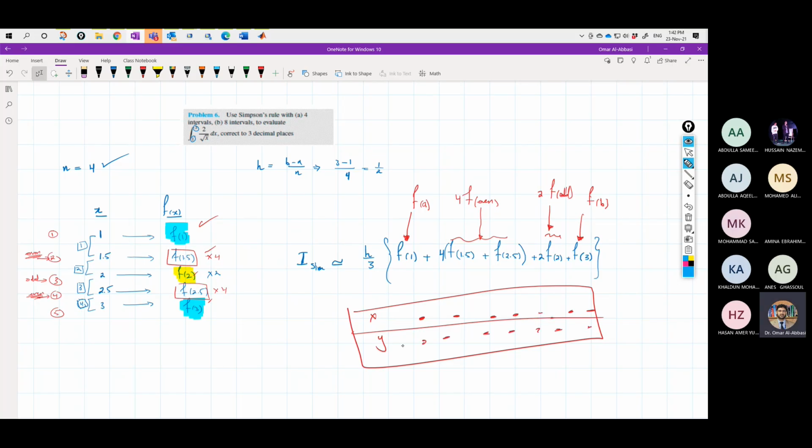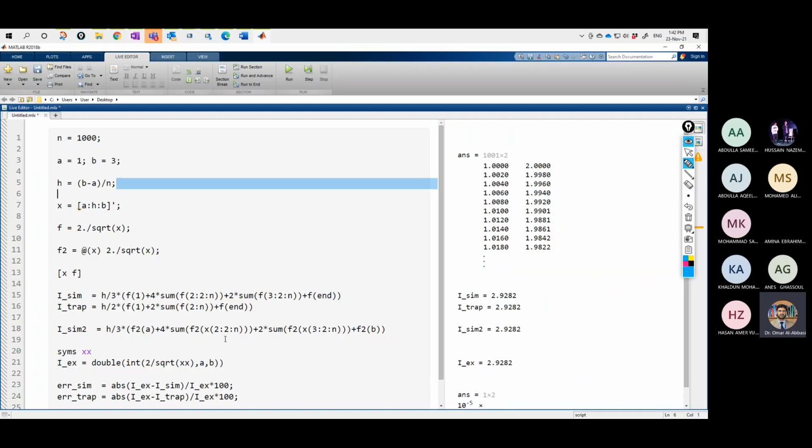And the question said, find the value of the integration. Then by definition, you cannot use the function approach, because the function is unknown to you.